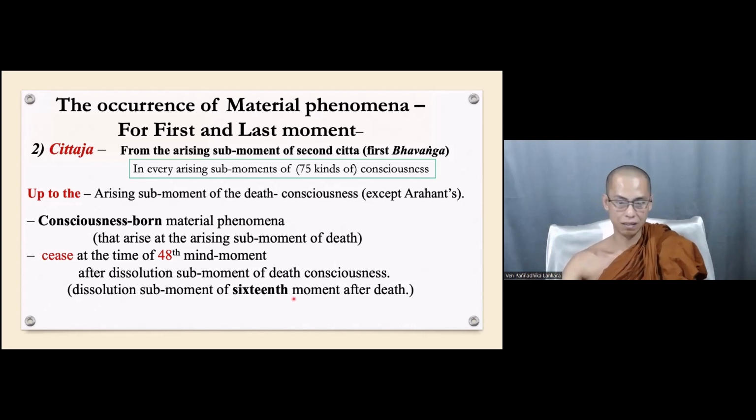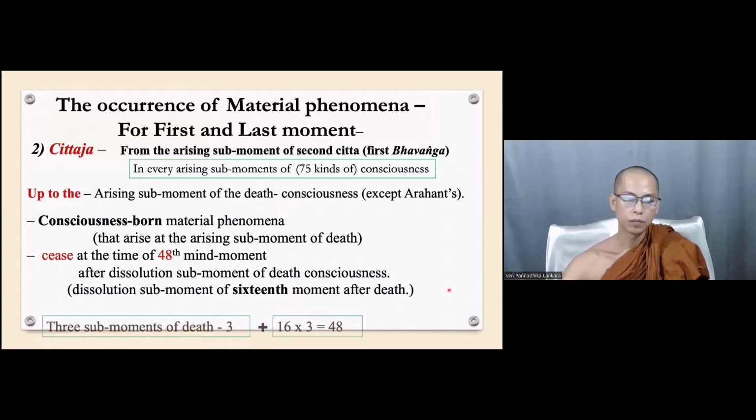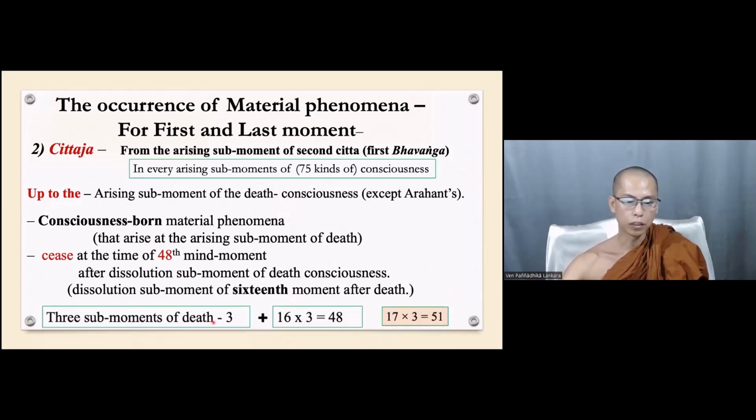So it should be 16, but we can just measure by the time, because the consciousness is not continuing after death consciousness. This is the last moment in the life. So there are 3 sub-moments of death, because it starts from the arising sub-moment. After that, if we count 16, it is 48.